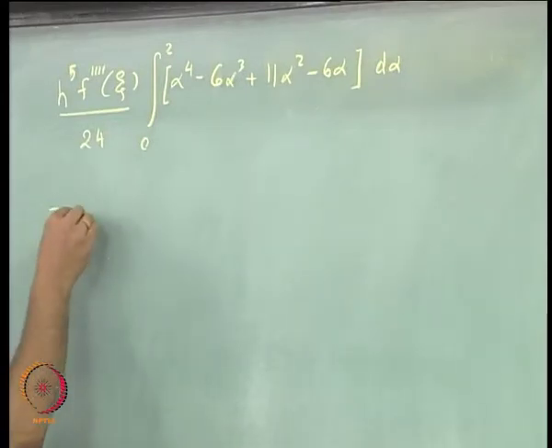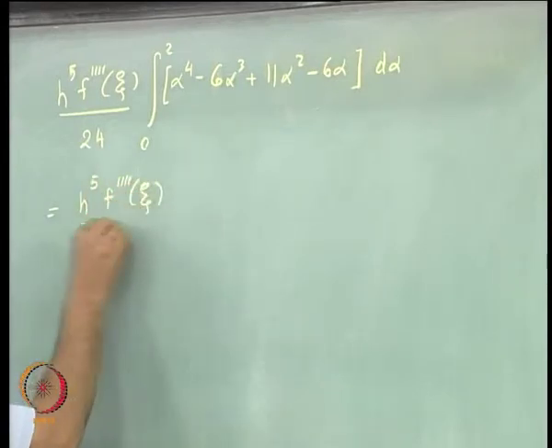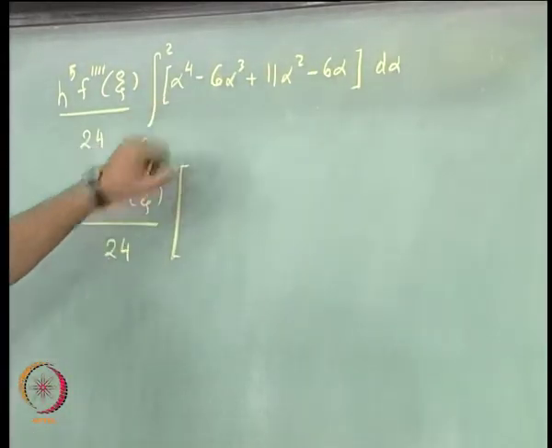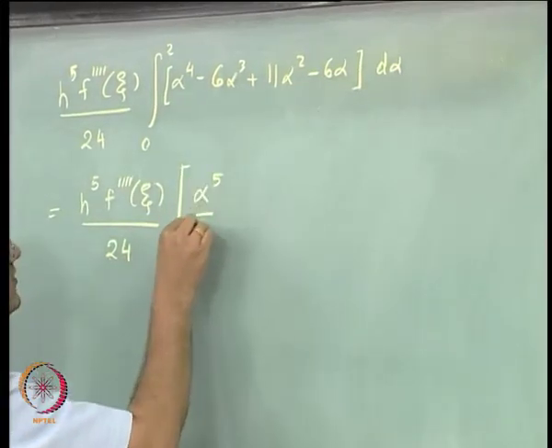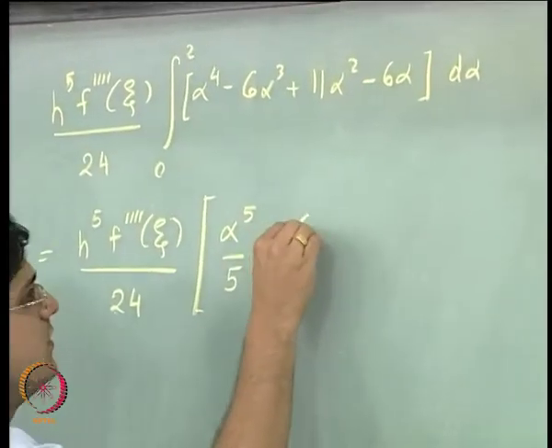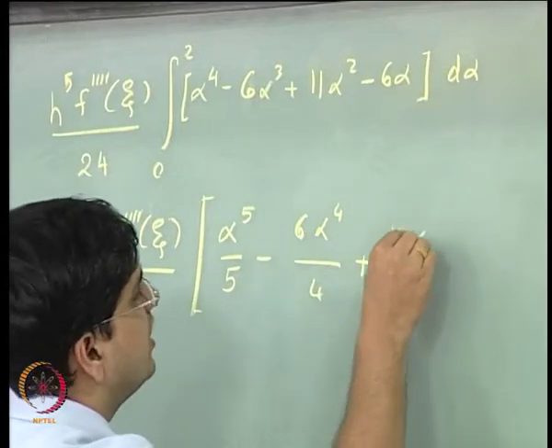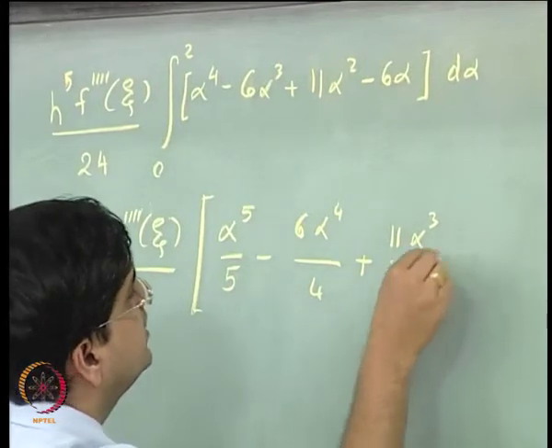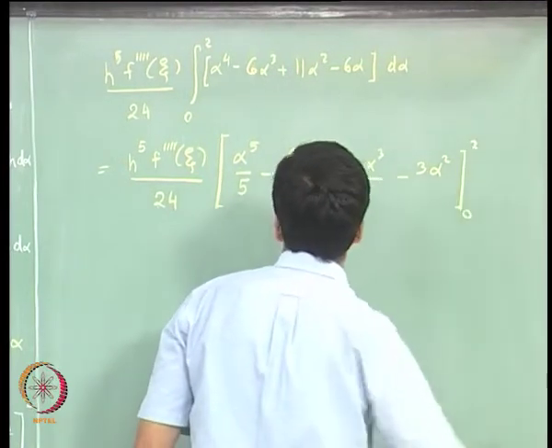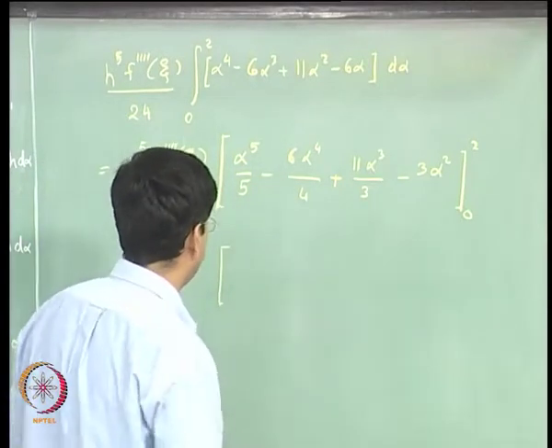Okay, which is going to be equal to h to the power 5 by 24 multiplied by alpha to the power 5 divided by 5 minus 6 alpha to the power 4 divided by 4 plus 11 alpha cubed by 3 minus 3 alpha squared, from 0 to 2. Okay. So this guy is going to be 32 minus 0 divided by 5.